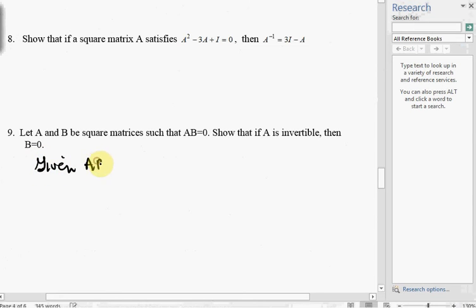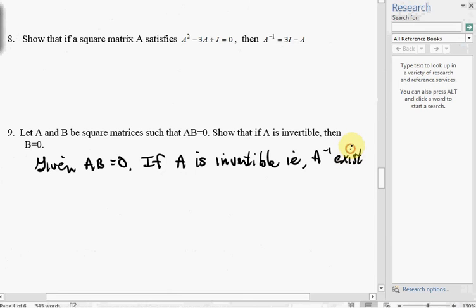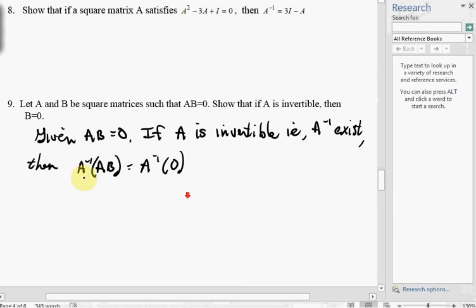Given A times B equal to 0. If A is invertible, that is, A inverse exists, then A inverse times AB is equal to A inverse times the 0 matrix.